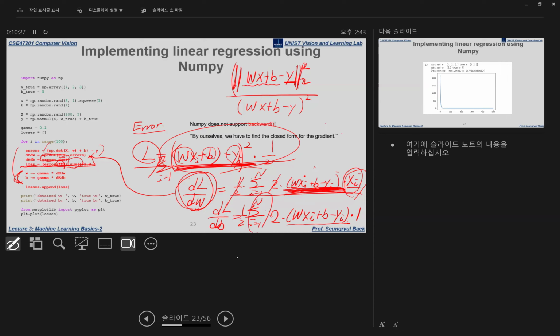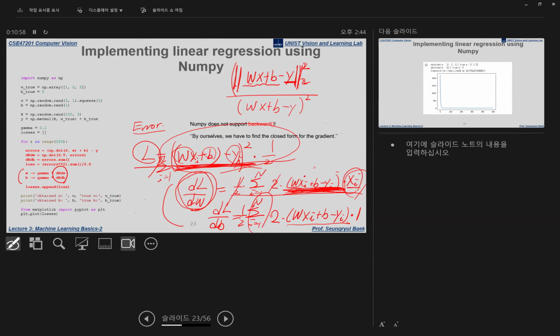So when implementing this simple linear regression using the NumPy library, you have to calculate this differentiation yourself, implement that closed form solution for the differentiation in your code, and then use that to update the parameters.